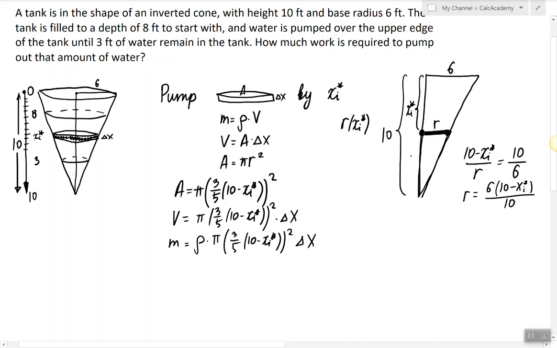The density of the water is 62.4 pounds per cubic foot, so we can replace rho with that value.